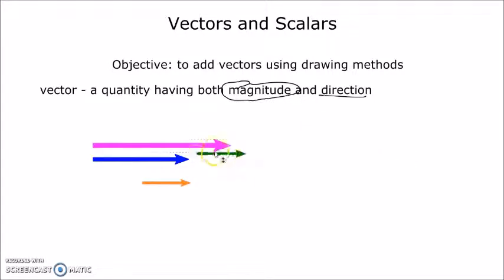If I line these up, we can clearly see that these vectors are not the same in size. This green one and this orange one could potentially be the same vector. There's a little bit more to it, but that's the basic idea. In order for vectors to be equal, they have to have both the same magnitude and the same direction.